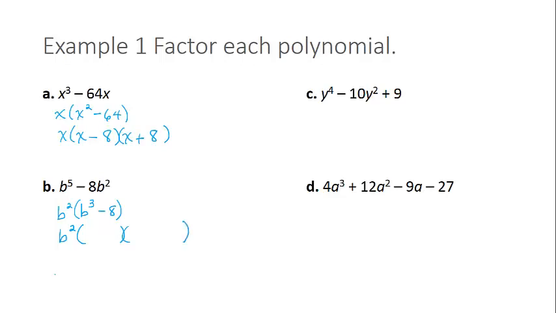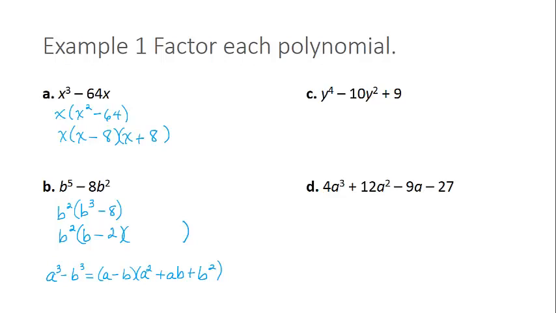And if you recall that a cubed minus b cubed is a minus b times a squared plus ab plus b squared. So the terms in the binomial are what we cube to get b cubed and 8, and so that would be b and 2, and the first sign is the same.